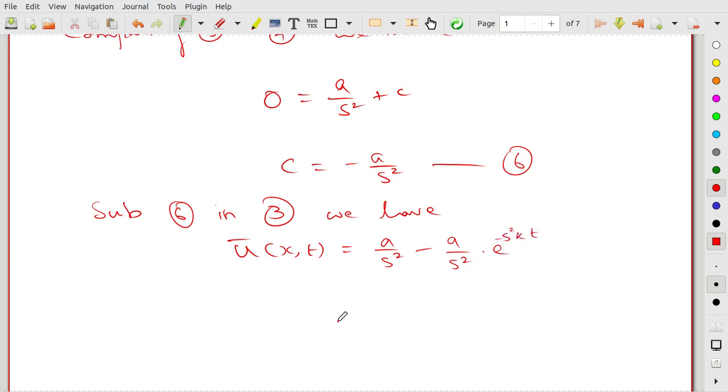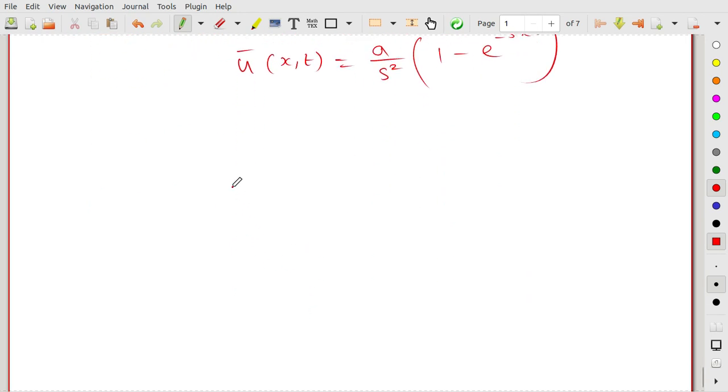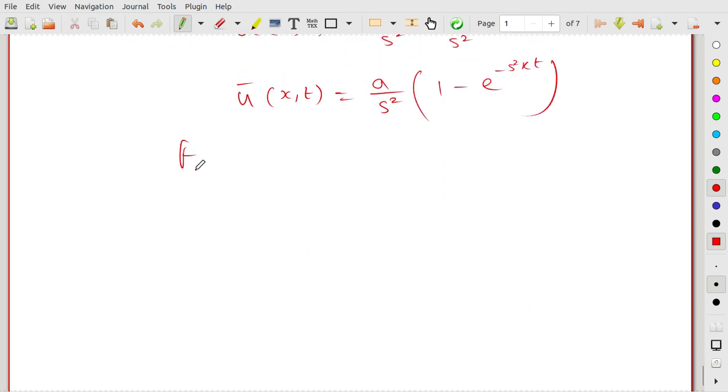And we can take this a by s square as common, therefore we have a by s square of 1 minus e power minus s square kt. So this is our u bar of x comma t, which is nothing but the Fourier cosine transform of u of x comma t.